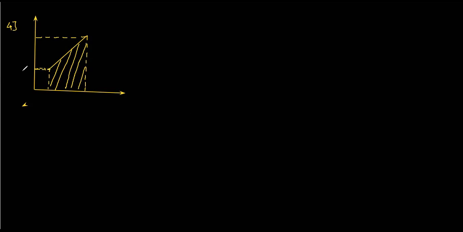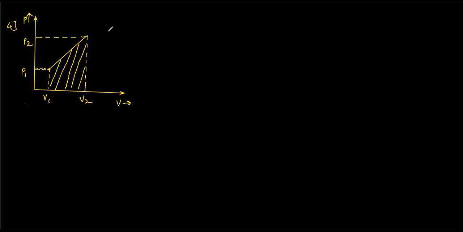So this one is P1, this one is P2 on the pressure axis, this is the volume axis, this one is V1 and this one is V2. So who will tell what the area under this graph is now?